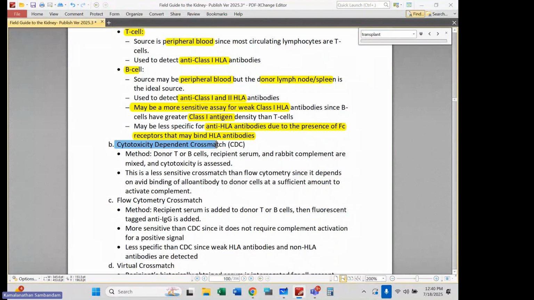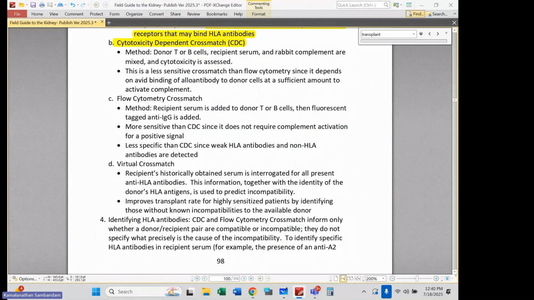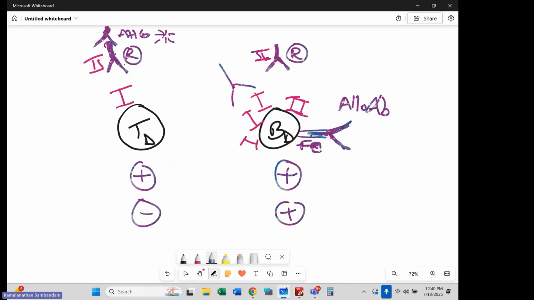This is an older assay. We don't do this anymore at our institution. We did it when I first got here, and it's still relevant if you're considering something like HLA incompatible transplants, right? Doing a transplant even though you may know that the individual has an HLA antibody that is binding the donor HLA.